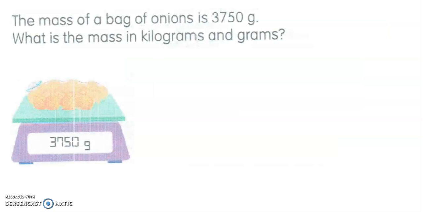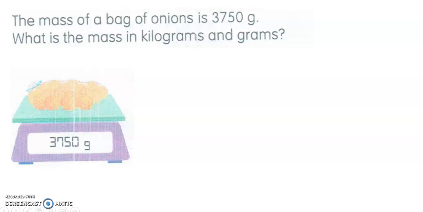We have another example here. The mass of a bag of onions is 3750 grams. What is the mass in kilograms and grams? In this question, we are asked to find the opposite of the previous one. We are given the mass in only grams, so we need to find the mass in kilograms and grams.